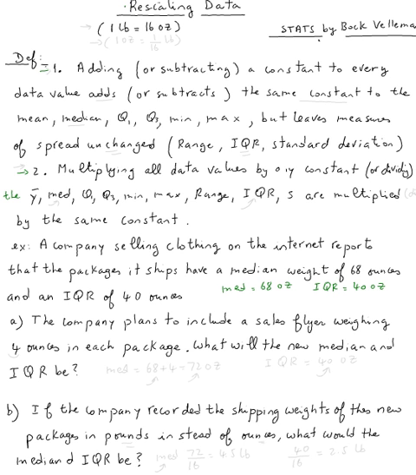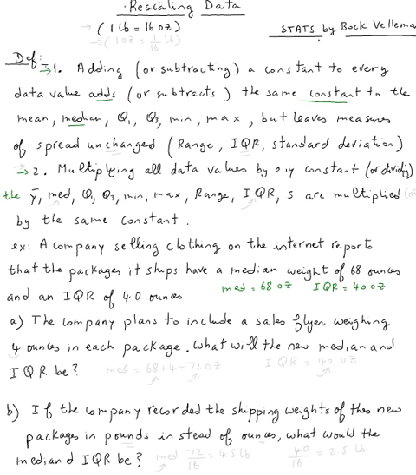So we're going to look at number 1. If we add a constant value, what happened to the median? According to number 1, it adds the same constant to the mean, to the median, all those measures of center.